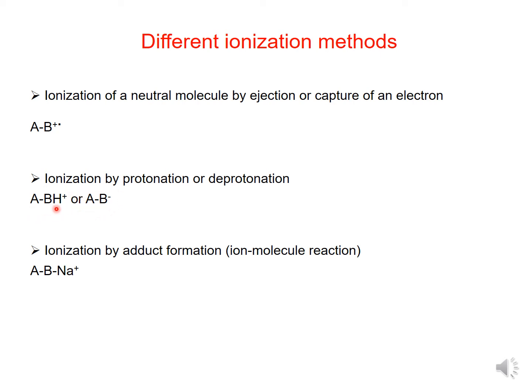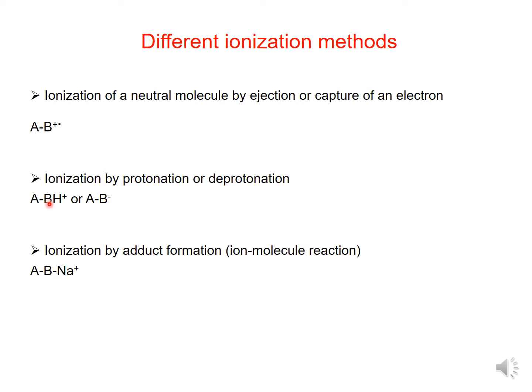Don't forget that in that case, if I add a proton and I have to measure the molecule AB, I have to be careful that I added the mass of the proton. The mass of the proton is 1 Dalton.